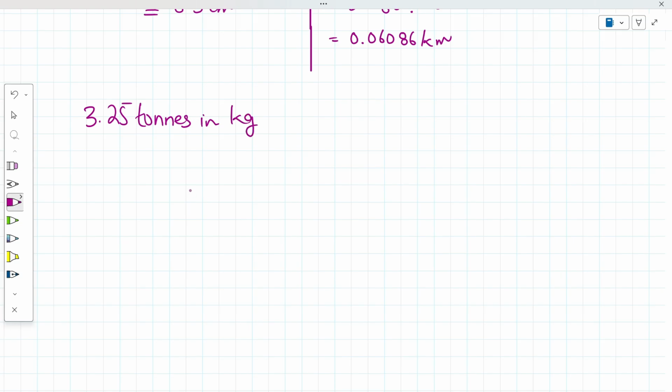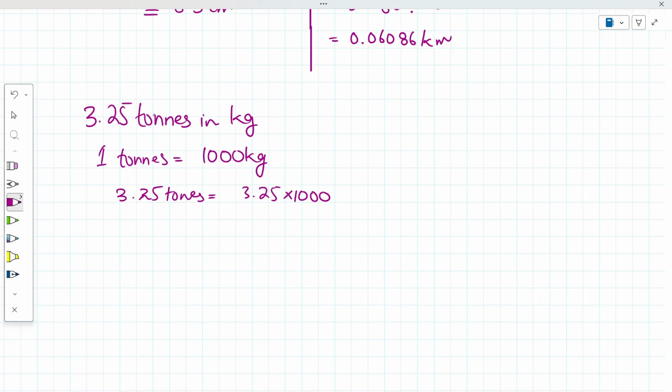Keep in mind that 1 ton is equal to 1000 kg. So 3.25 tons to kg means 3.25 multiplied by 1000.